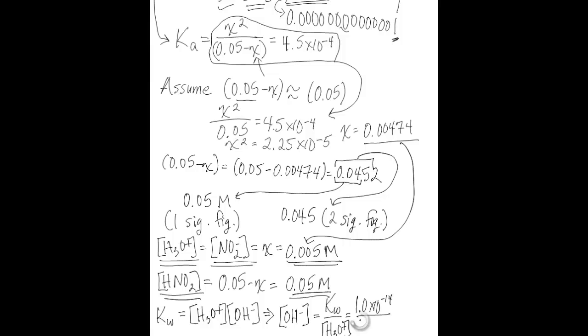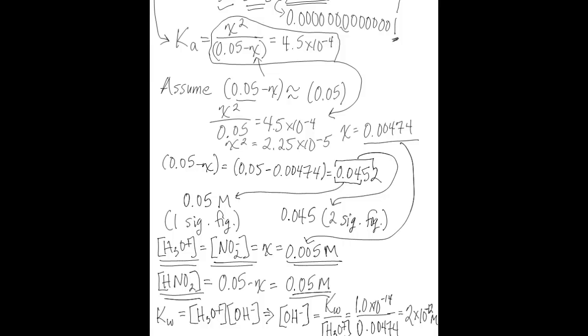We divide by 0.00474, and I'm writing it all out instead of putting 0.005 because I don't want to round too early and make any rounding errors. And when you do the math here and round to the correct number of significant figures, you get 2 times 10 to the negative 12 molar for your hydroxide ion concentration.